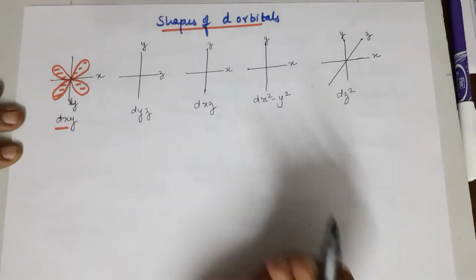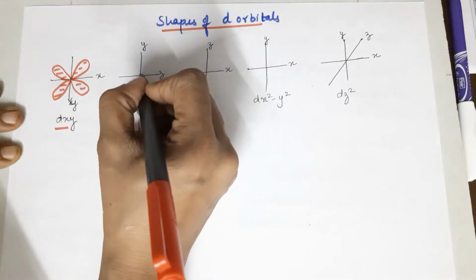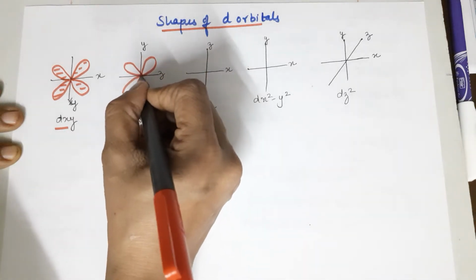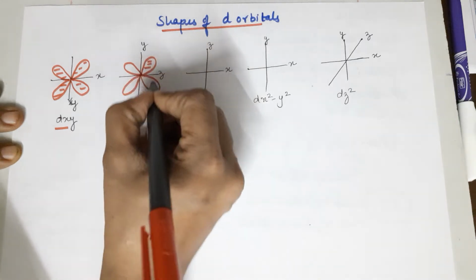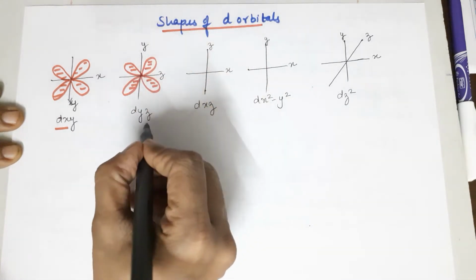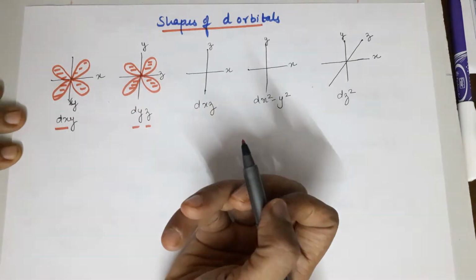Is that okay? Coming to dyz, this is again an interaxial double dumbbell which is also in between the axis. Fine. I have deliberately not taken the third axis because you do not require the third axis, so that their diagrams in 2D are much more clearer.